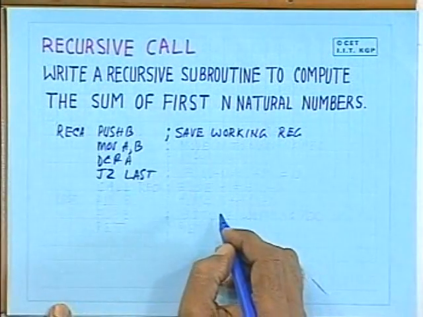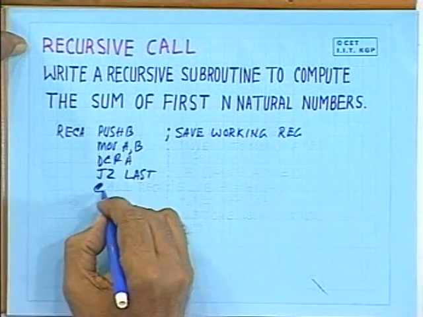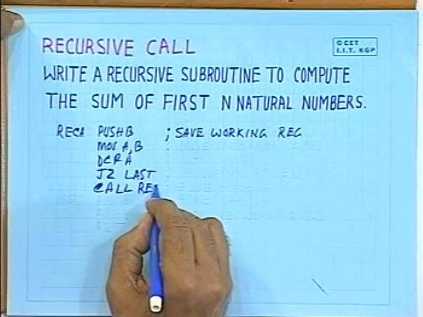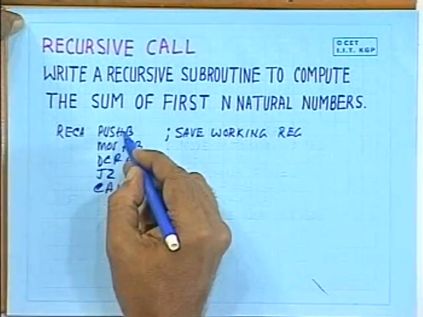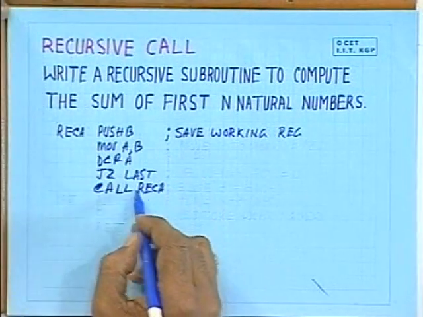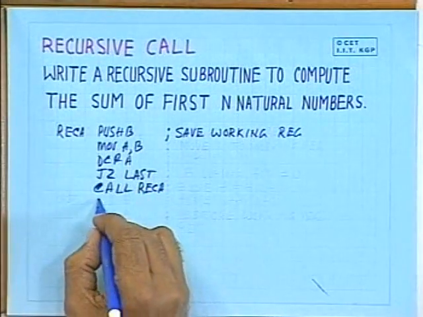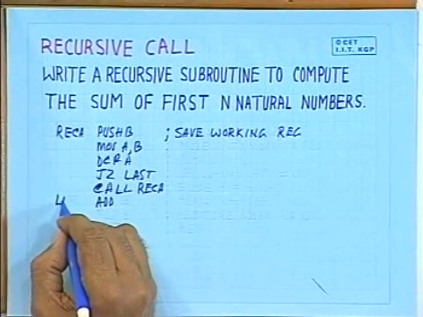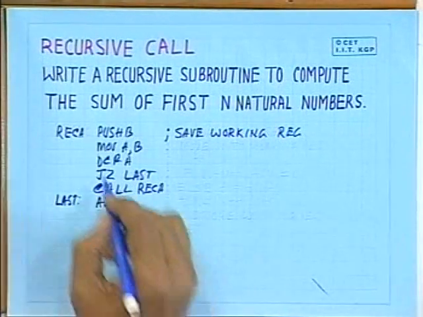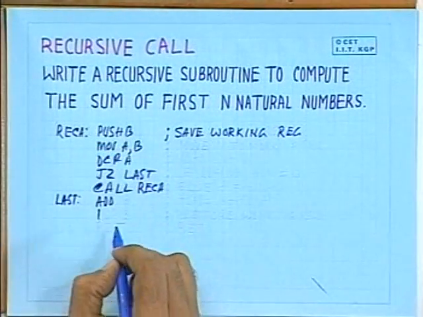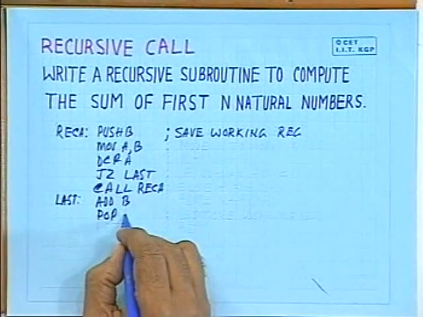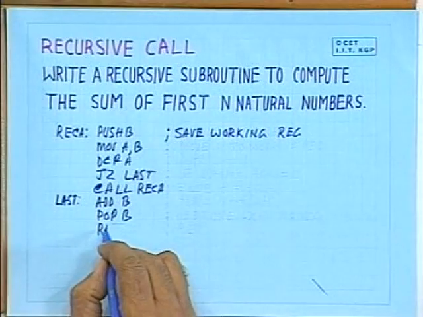Let me write down the program, then I shall explain. So, here you see inside the program there is a call instruction to this, and then add, here is your last, then pop B, add, pop B and return.